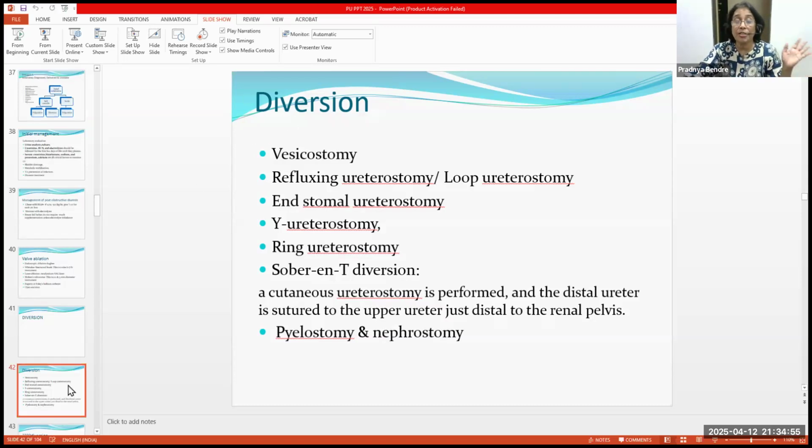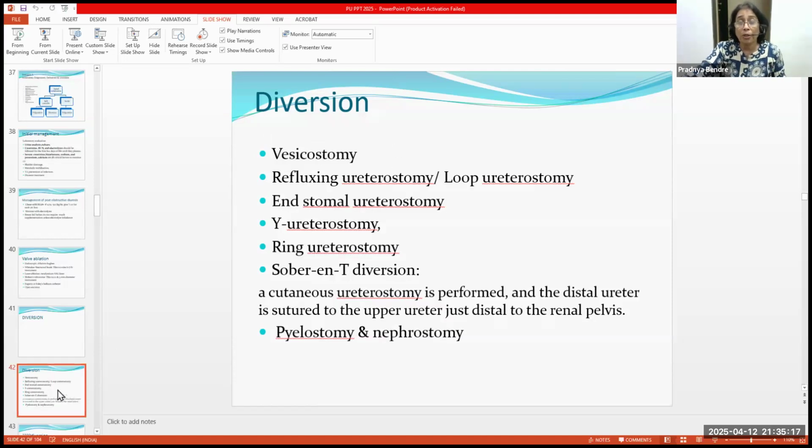The second instance where everyone agrees with diversion is premature children. With advanced neonatal care, we are seeing many prematures, and tiny babies less than 1 kg, 1.5 kg, where the scope cannot go. Also, it is generally accepted that vesicostomy should be done.